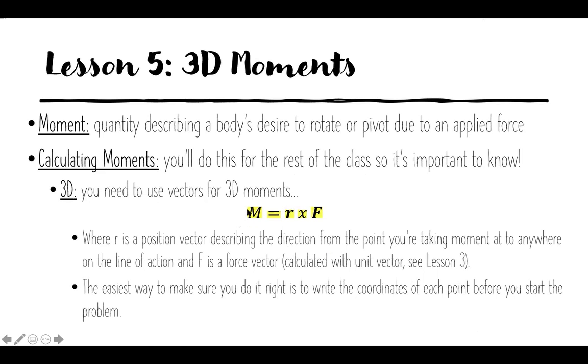So the moment is equal to the position vector that you generate cross F, right? So R is going to describe the position from the point that you're taking the moment at to any line of action on the force. We're going to see that later on, and I'll discuss it again later on. But again, when you're filling out the table for 3D equilibrium, the first column is, here, I'll just scroll forward.